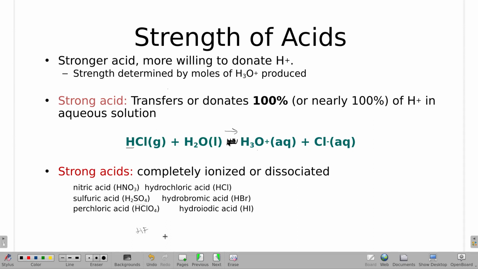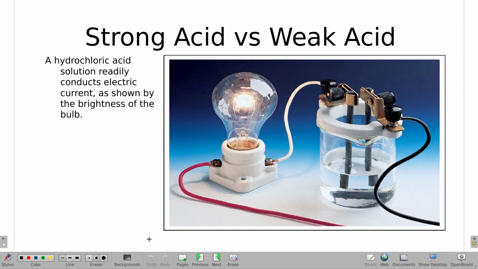Hydrofluoric acid is a thing, but when hydrofluoric acid bumps into water, it doesn't completely turn into F- and H3O+. It's a nice little two-way arrow where when it's all said and done, there's still some HF left over. It hasn't all been converted into H pluses and F minuses. And that is the big difference.